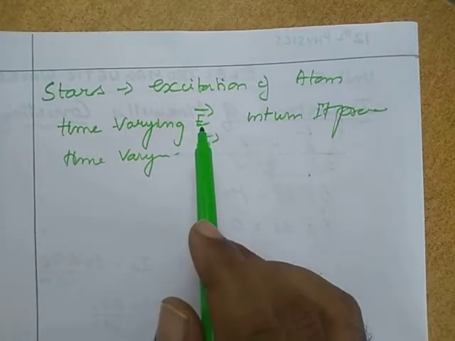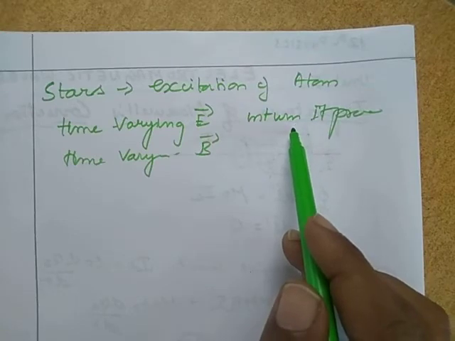Then the time varying electric field produces a time varying magnetic field.